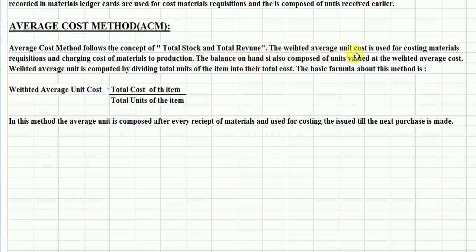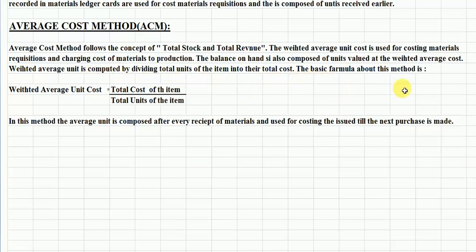The weighted average unit cost is used for costing materials, requisitions and charging cost of materials to production. The balance on hand is also composed of units valued at the weighted average cost. Weighted average unit cost is computed by dividing the total cost of the item by its total units.